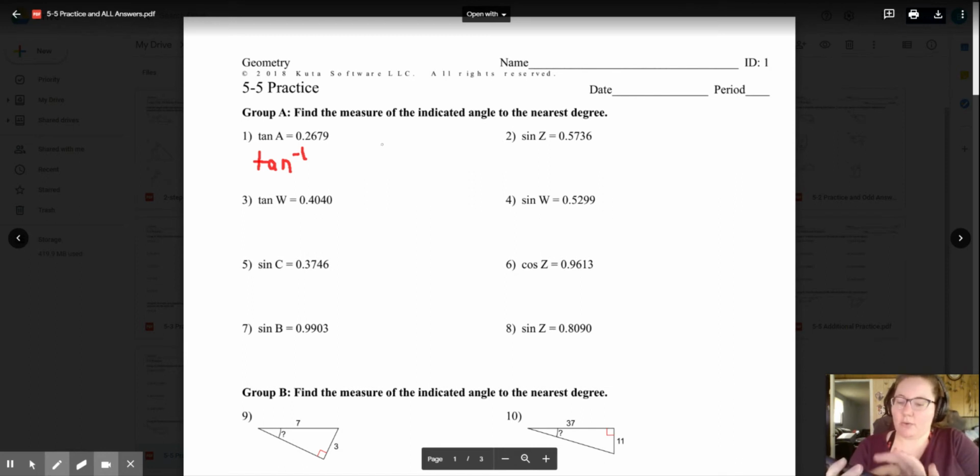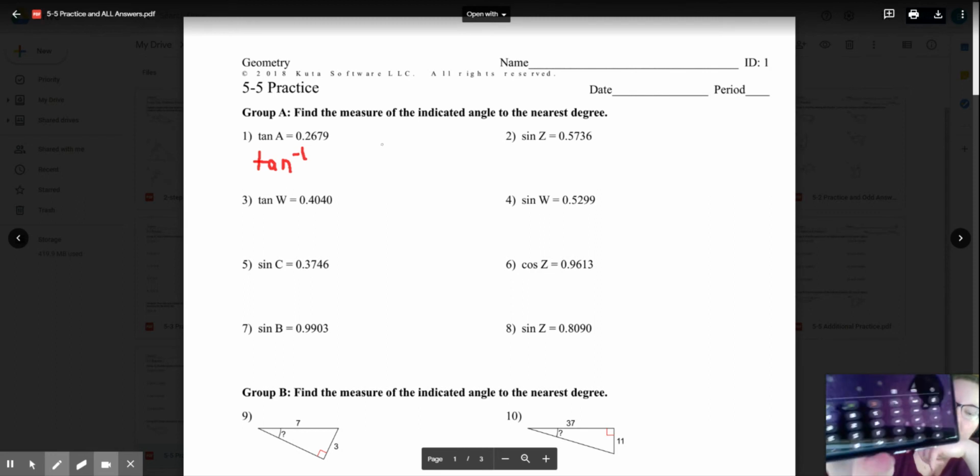Make sure that you're in degree. Right here it says RAD up here, which means radians. It says DEG, that means I'm in degree right now. So I'm going to make sure I'm in degree. It should look like this for you guys right now.